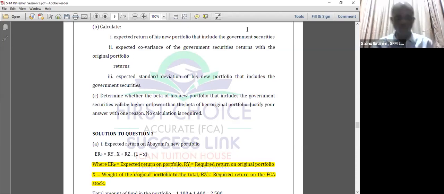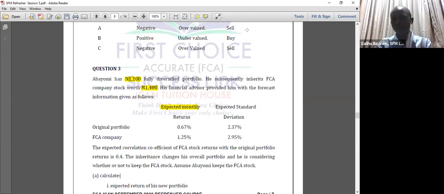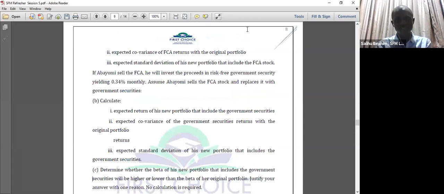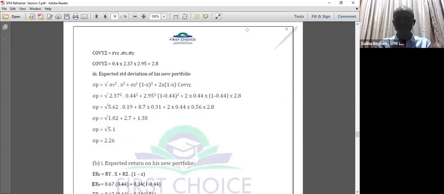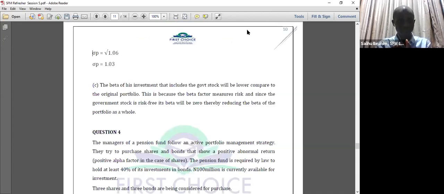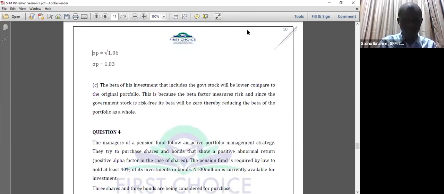I think I have the formula somewhere. I'll show you. Covariance AB will be measured as the correlation between A and B multiplied by the standard deviation of A multiplied by the standard deviation of B. That will give you the covariance. Let me see where I have the formula so I will show you. Okay, I think it's A.